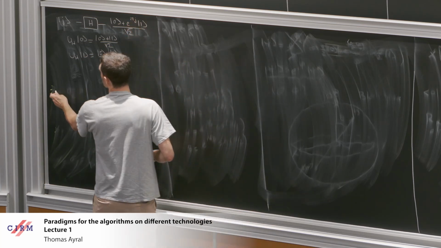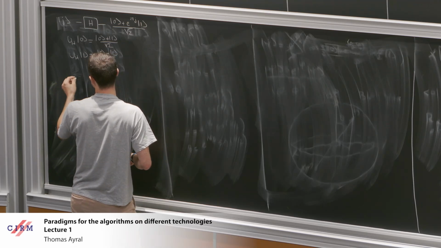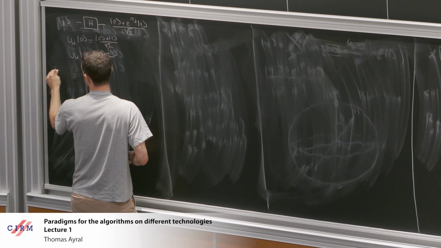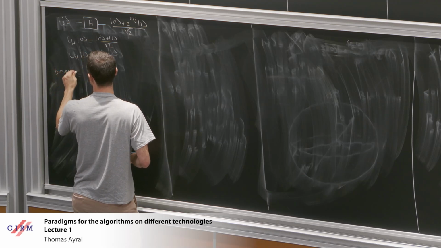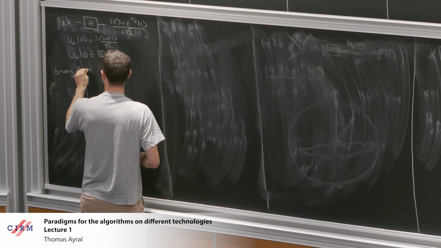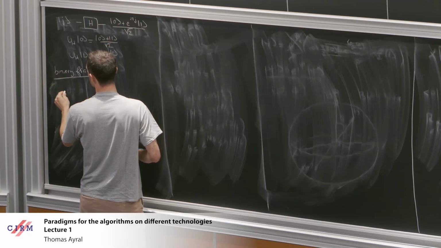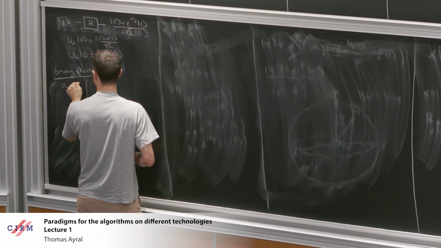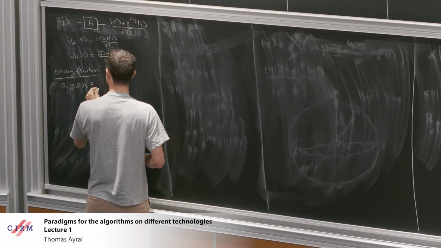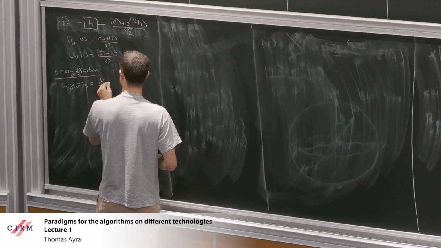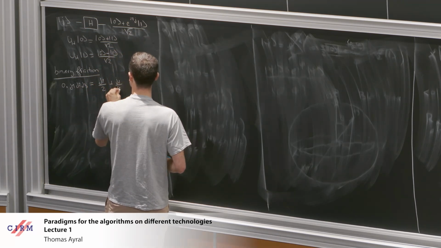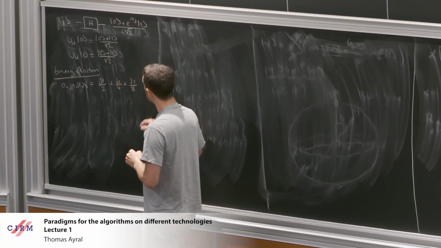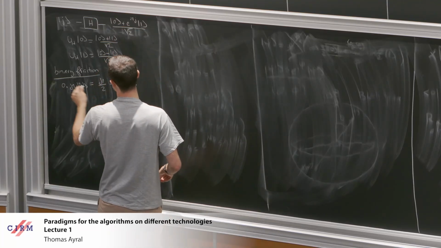And now I'm going to introduce a notation that I'm going to need for the rest, which is the binary fraction representation. Binary fraction is very simple. If I write 0 dot j1, j2, j3, it means j1 divided by 2 plus j2 divided by 4 plus j3 divided by 8, etc. Now I want to use this notation in this circuit.